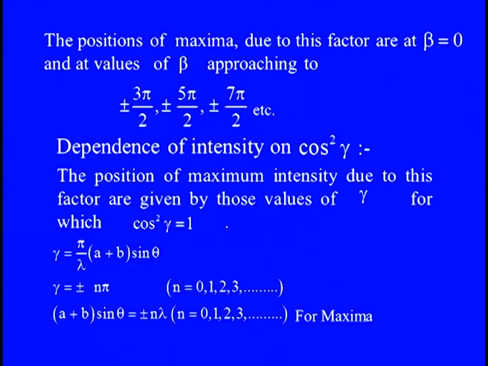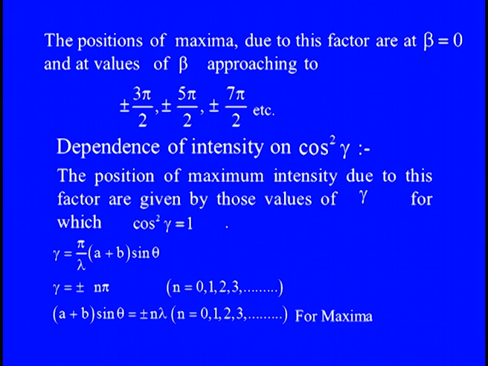Whenever this condition is satisfied, the intensity in the diffraction pattern of the double slit will be 0. The positions of maxima due to this factor are at β = 0 and at values of β approaching ±3π/2, ±5π/2, ±7π/2, etc.